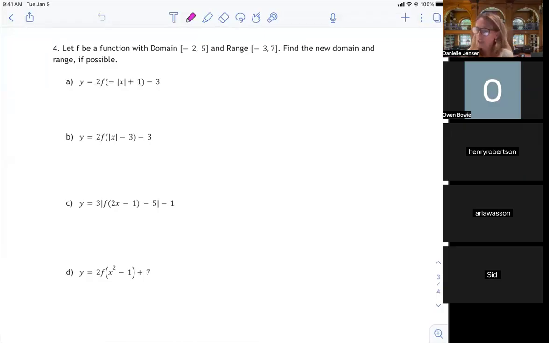Okay, great. All right, so 4B: absolute value of x minus 3 is between the extremes, -2 and 5. Okay, so what do I do first? Add 3.